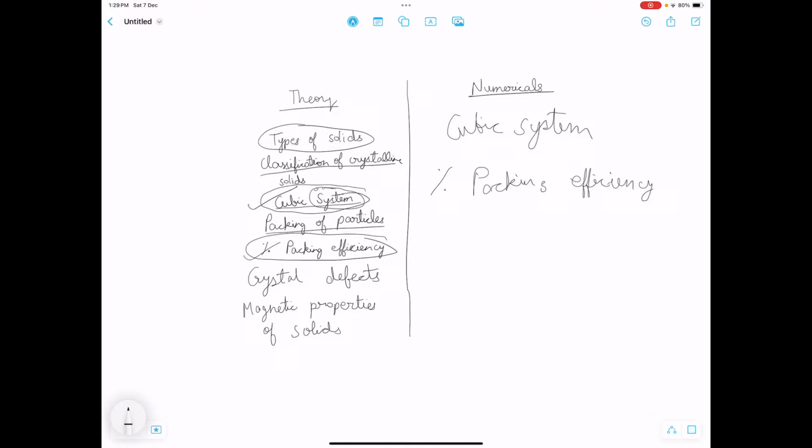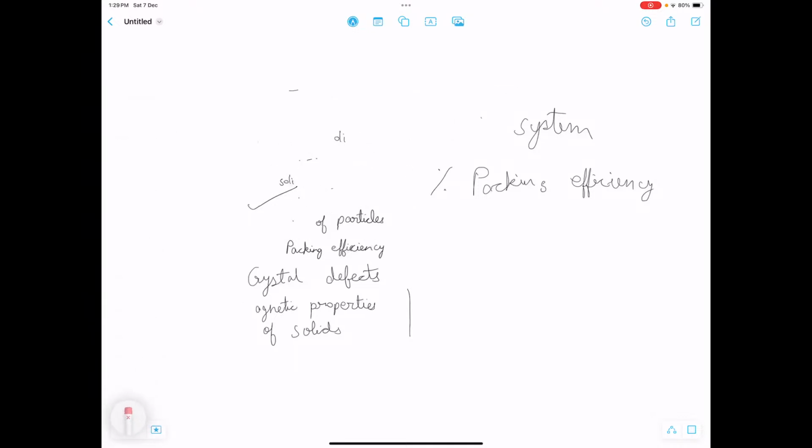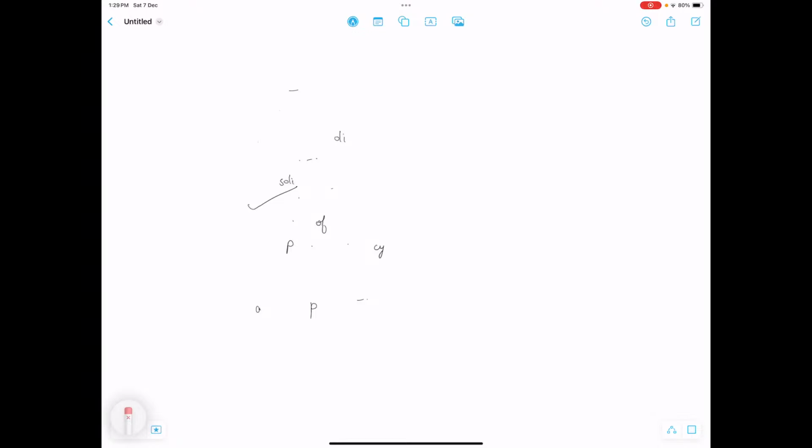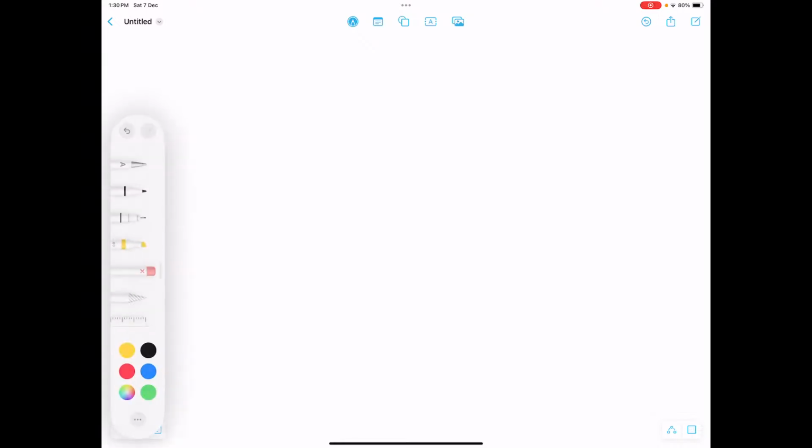Okay. Now, we will take up the book of board questions PYQs and open the chapter solid state.